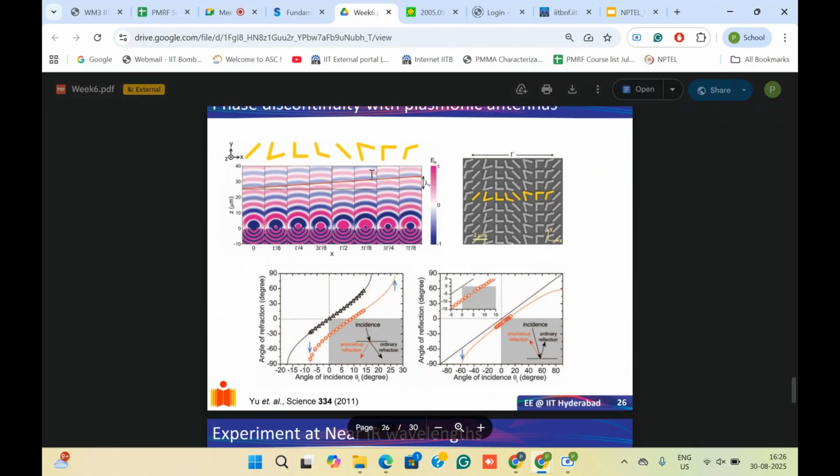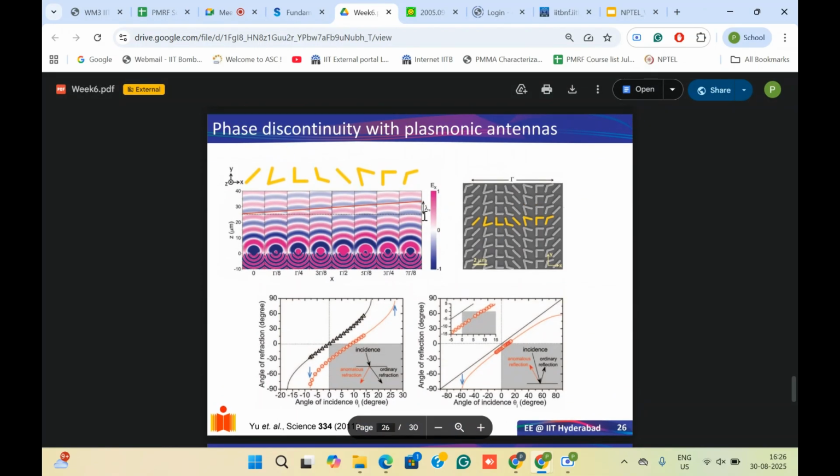In this case, they have changed the geometry. We can see that we have an arrangement of the nanorods in the x direction. Each is rotated by some angle, which will introduce a gradient change in phase, but in the y direction it is the same. So we can also change it in the y direction.